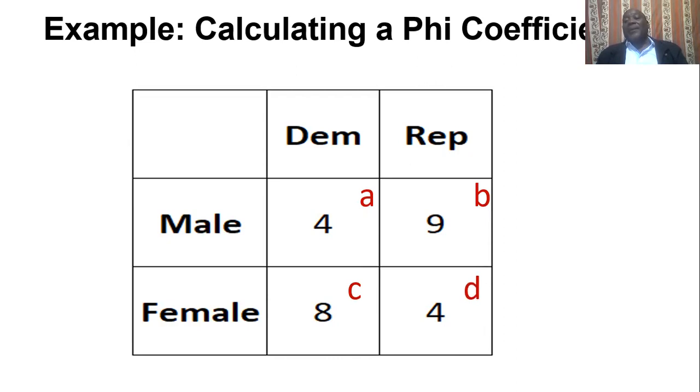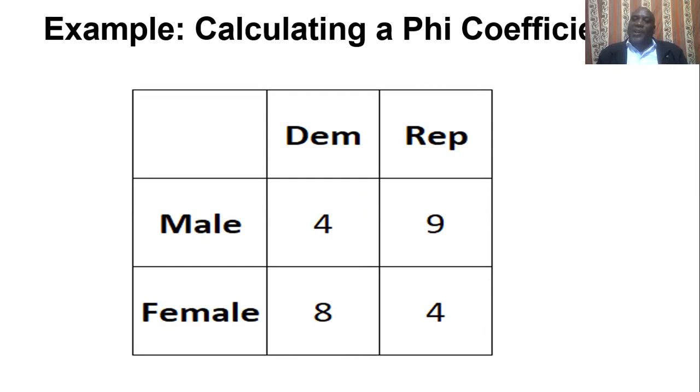I'll repeat. We have a grid that we have drawn. At the top, we have one variable, the political party, Democratic and Republican.